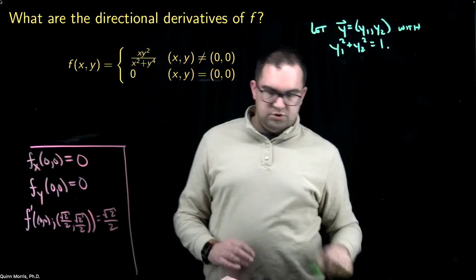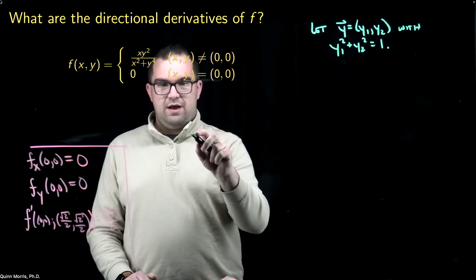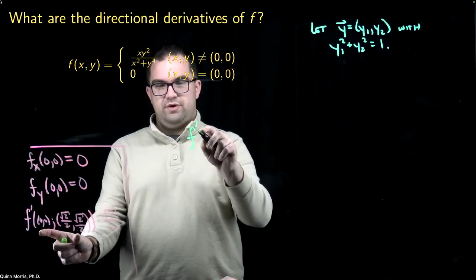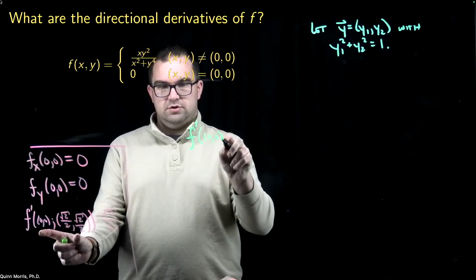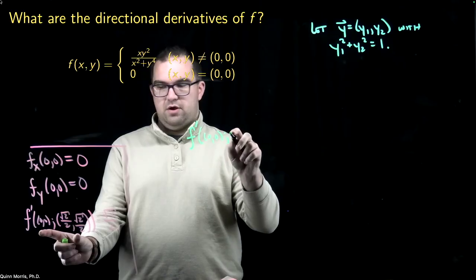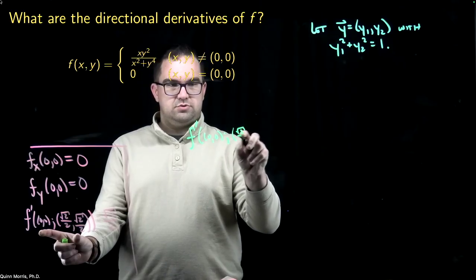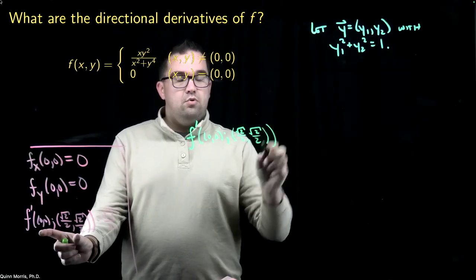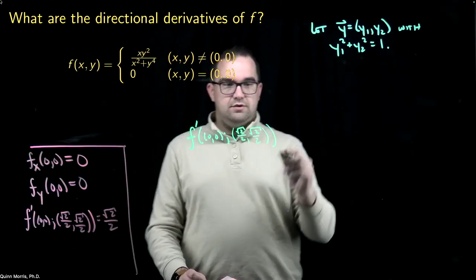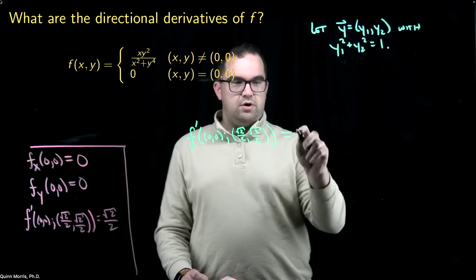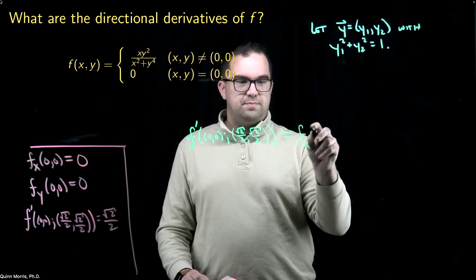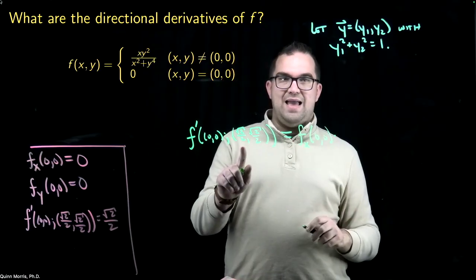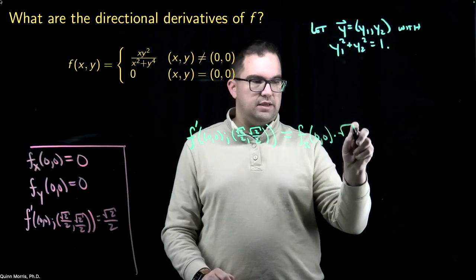One of the things you might learn is, if I wanted to calculate this derivative, the derivative at the point 0, 0, in the direction square root of 2 over 2, square root of 2 over 2, the formula you sometimes see is: take the partial derivative with respect to x at 0, 0, and multiply it by the x component of the direction you're moving in.